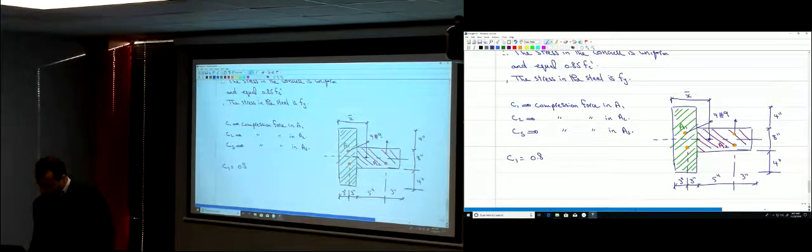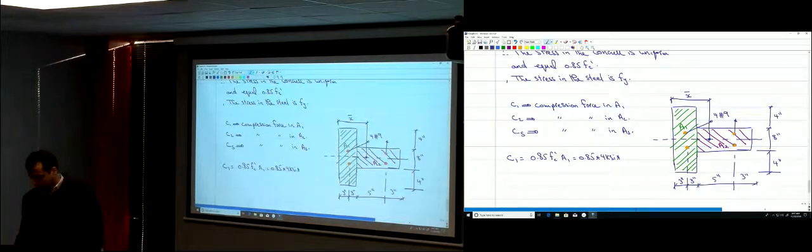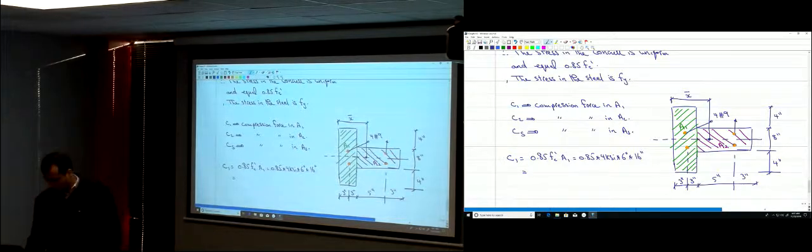So it's 0.85 FC prime multiplied by A1. So it's 0.85 times 4 KSI multiplied by A1. How much is A1? It's 6 inches multiplied by 16 inches. So C1 is 326.4 K.